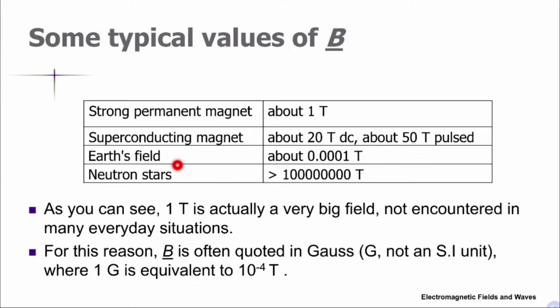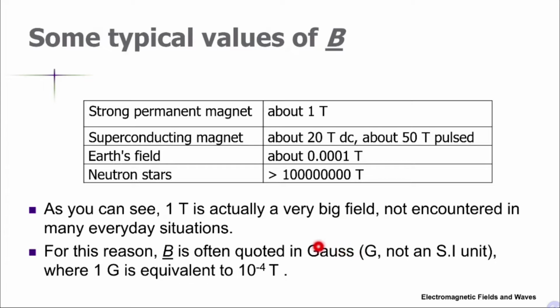The Earth's magnetic flux density is about 10 to the minus 4 Tesla, and a neutron star is hundreds of millions of Tesla. Okay, but 1 Tesla is actually quite a large field and is not normally encountered in our everyday situations.